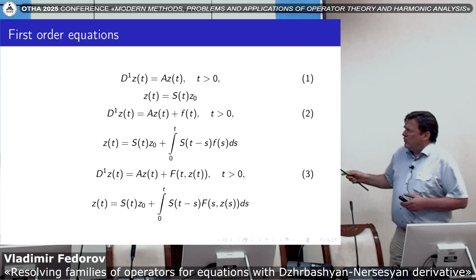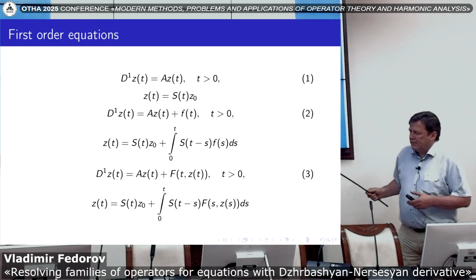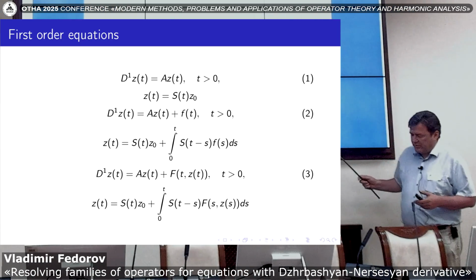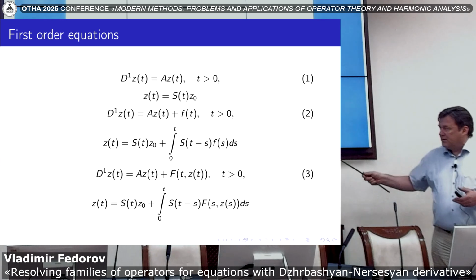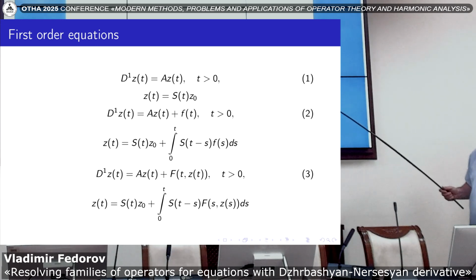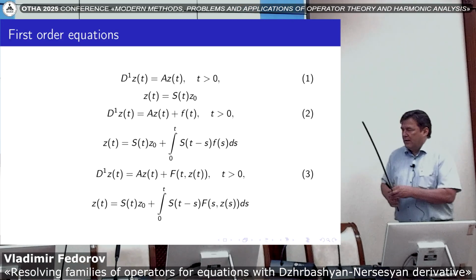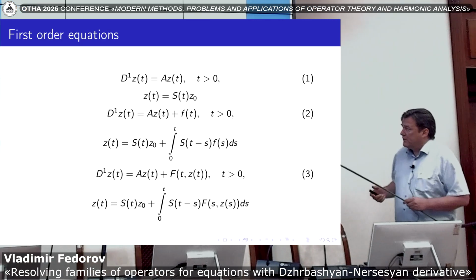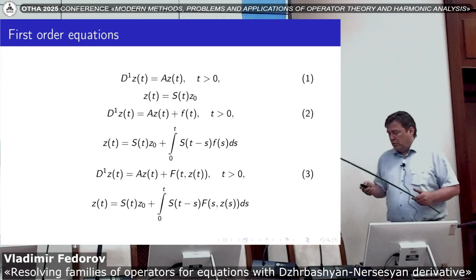And for semilinear equation 3, we can reduce the Cauchy problem to this integral equation, and this integral equation can be used for search of a solution of the Cauchy problem, for example, using the fixed point theorem.